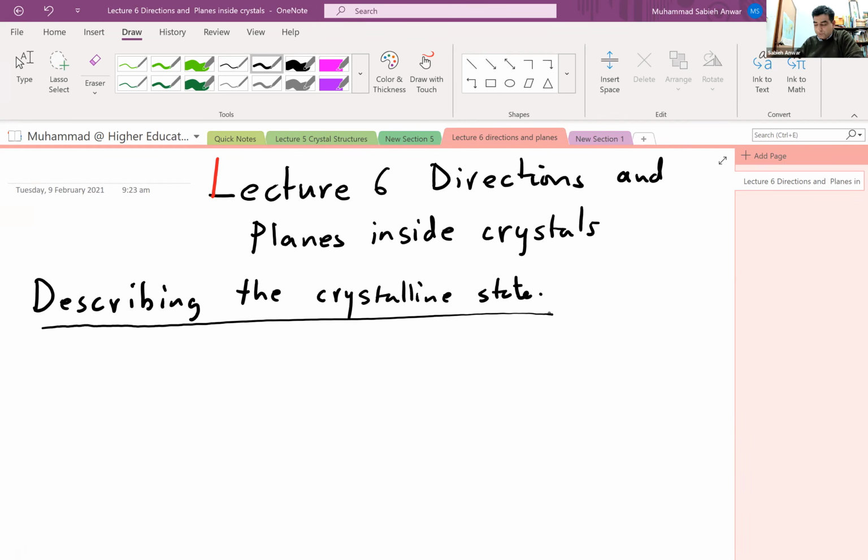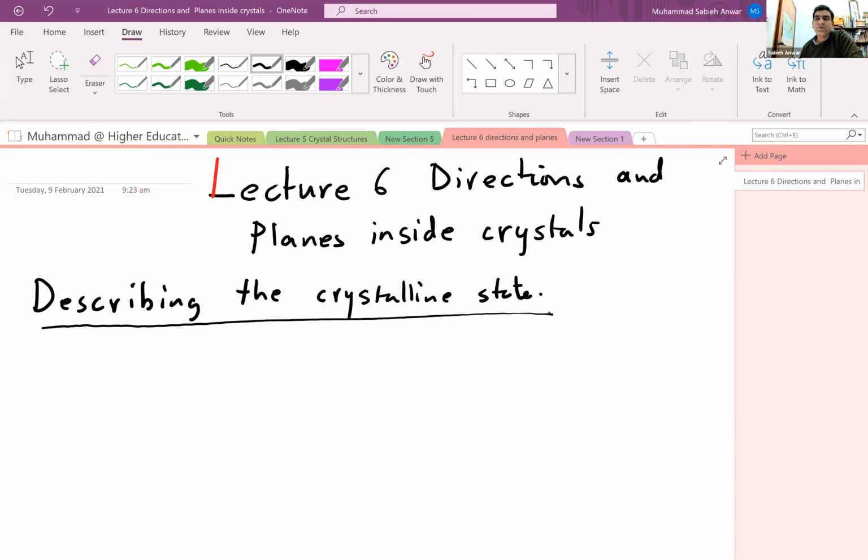This second module deals with how we get to know about the crystalline state in the first place. For example, no one can peep into the solid and tear apart the surface and go inside and see what's going on inside the solid material. Rather, one has to use various kinds of probes.